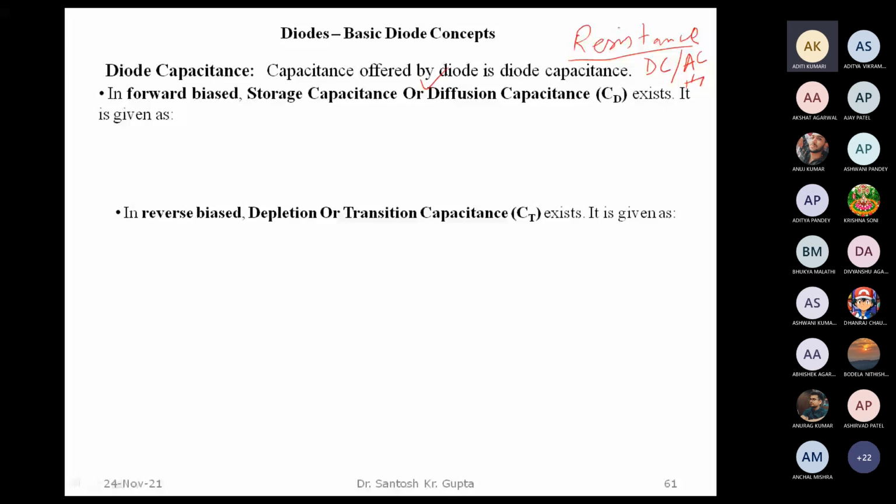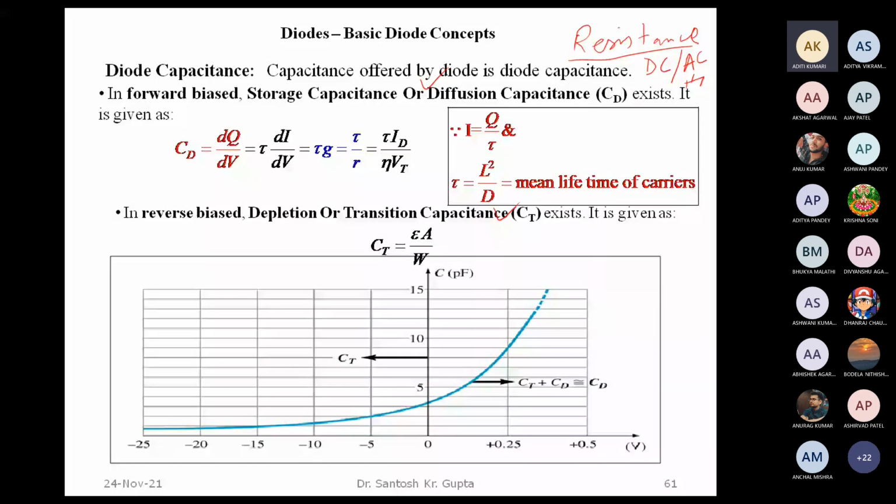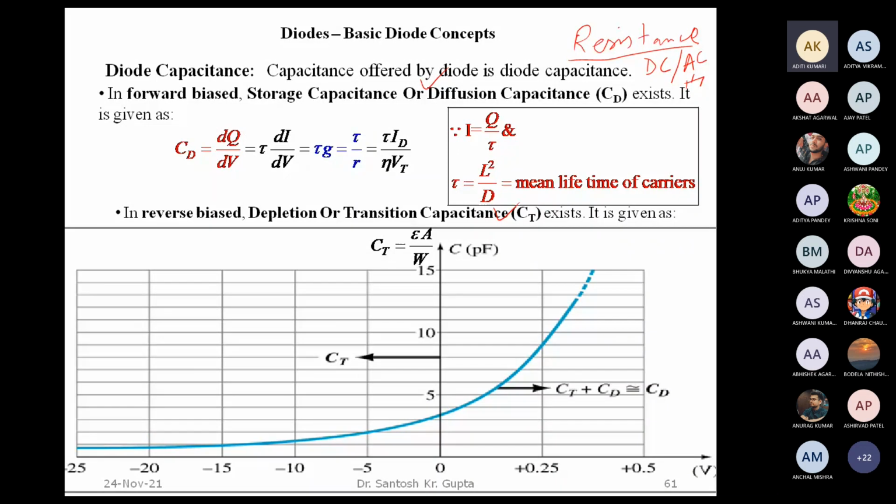Transition capacitance we have seen in detail, and it was given by epsilon A upon W. These expressions we have already seen, that is, how we come to this epsilon A upon W for the transition capacitance.